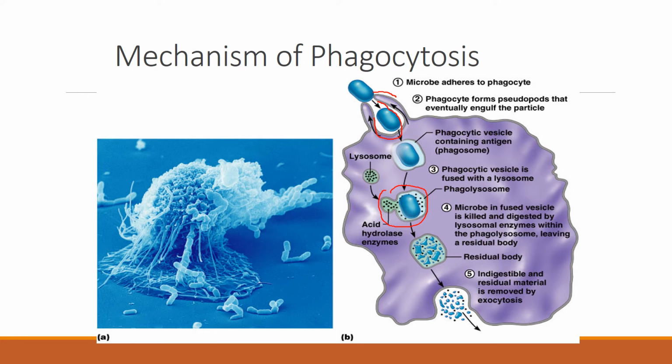Lysosomes tend to have an acidic environment where it's going to puncture the wall of that bacteria, and then different enzymes destroy it, and then via exocytosis, all that has turned into cellular debris that our body can get rid of.